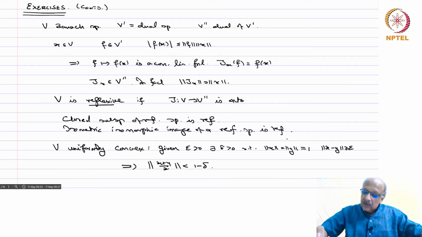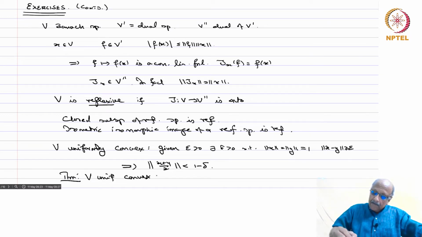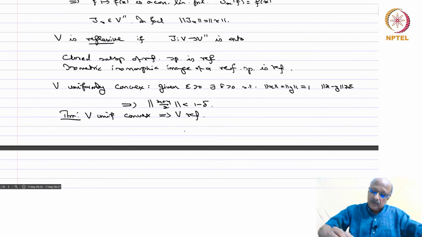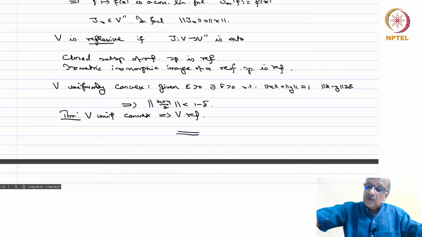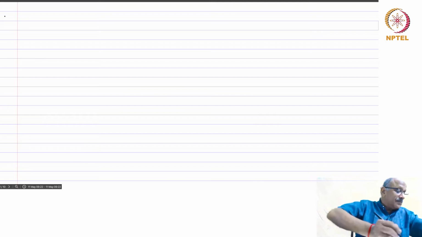So if two points on the boundary of the unit ball are a certain minimum distance apart, then their midpoint must be well inside the ball. That is the notion of uniform convexity. And then there is the theorem: V uniformly convex implies V reflexive. These are the things we need to recall in order to do the subsequent exercises, which use the methods of functional analysis and give you a proof of the theorem.